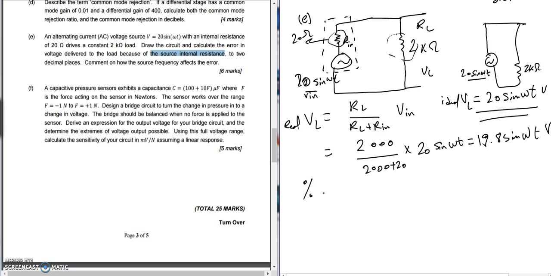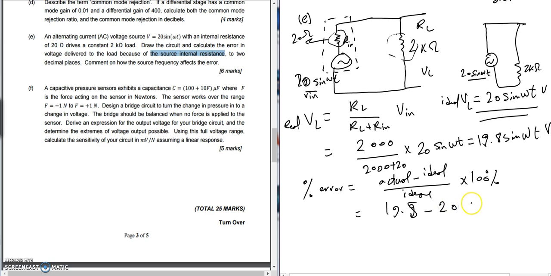Now, what is the percentage error? As we said before, it's actual minus ideal, or theoretical ideal, over ideal times 100%. Therefore, it is 19.8 sine omega t minus 20 sine omega t over 20 sine omega t.